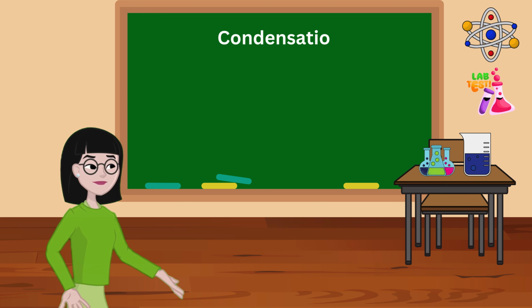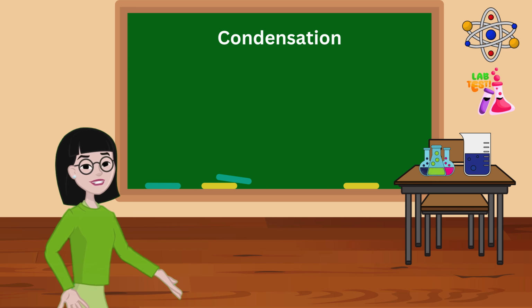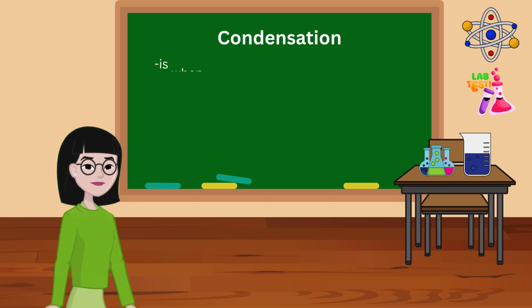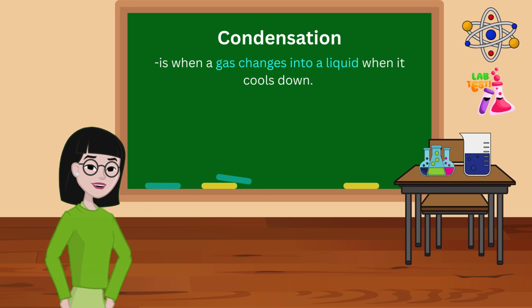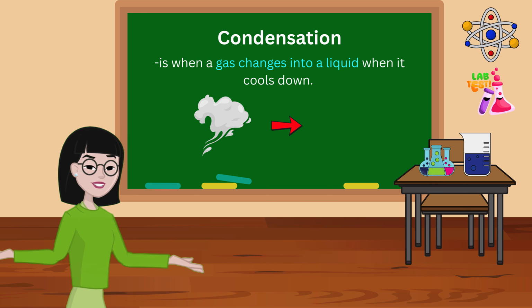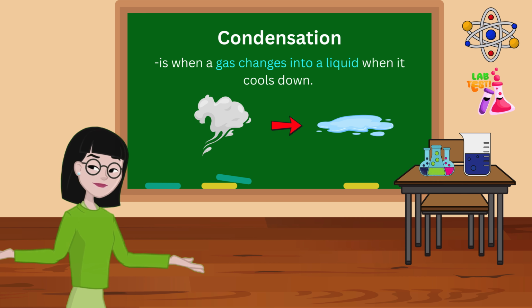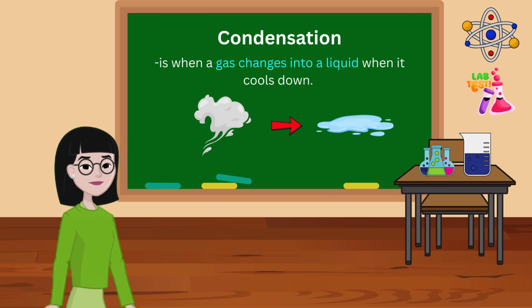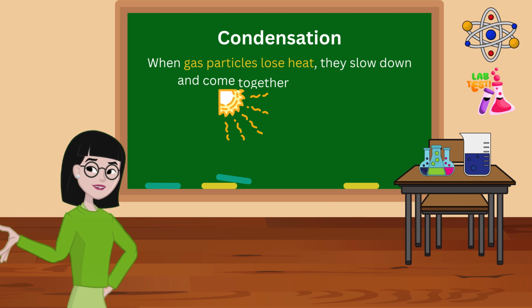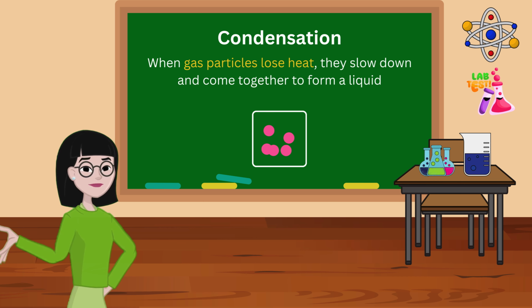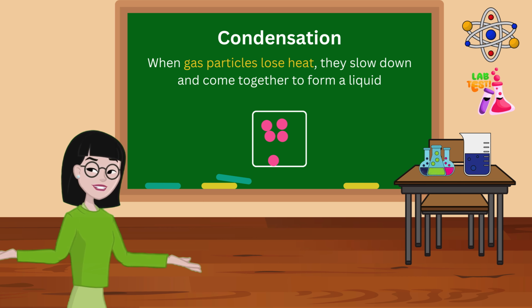The last one is condensation. Condensation is when a gas changes into a liquid when it cools down. When gas particles lose heat, they slow down and come together to form a liquid.